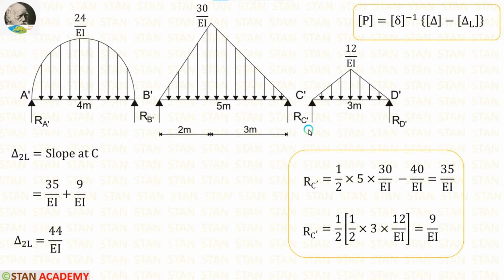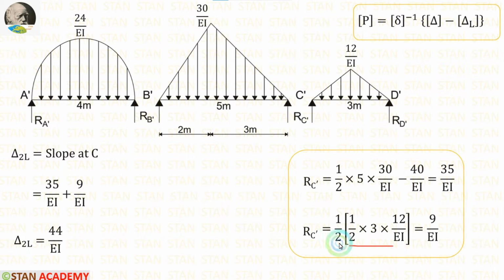Now let us calculate RC dash in the beam C dash D dash. This is a symmetrical diagram. So we can easily calculate RC dash by dividing the total load by 2. Here the total load is the area of half into breadth into height.